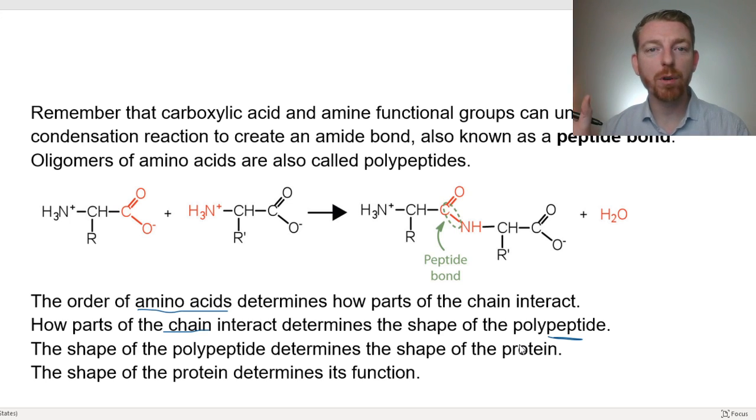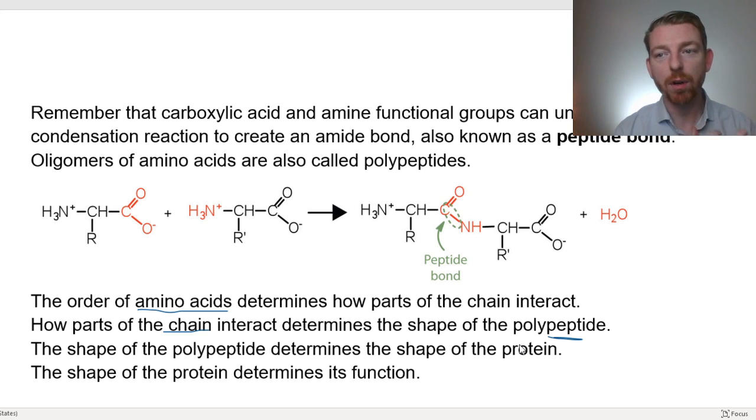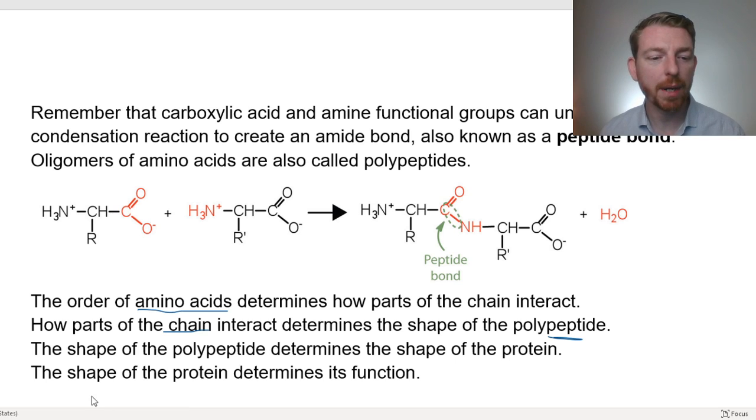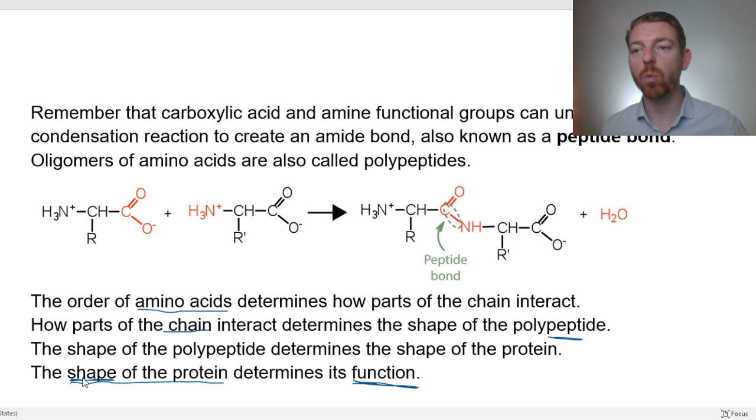The shape of those parts of the polypeptides is going to determine the shape of the overall protein, whether it's just one chain or many chains. And finally, what's really most important to remember here is that the shape of the protein is going to determine its function. So a protein can lose its function if the shape changes. That's essentially why we cook food.